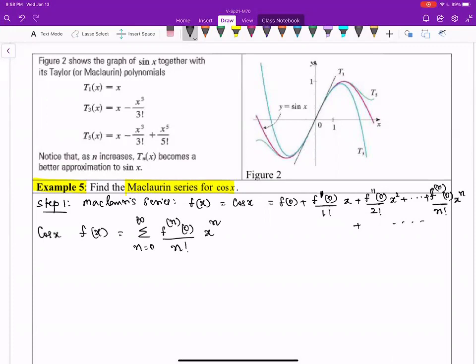When we say f of x, in this particular problem, it is cosine x. So what we are going to do is to find out these coefficients, the derivatives.